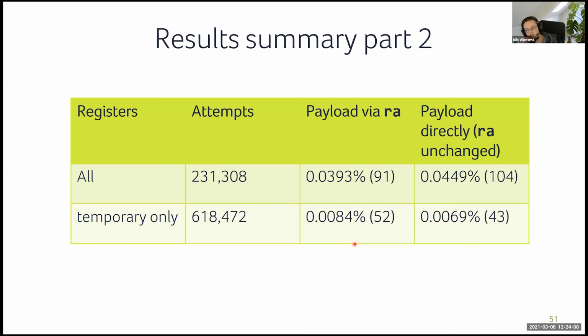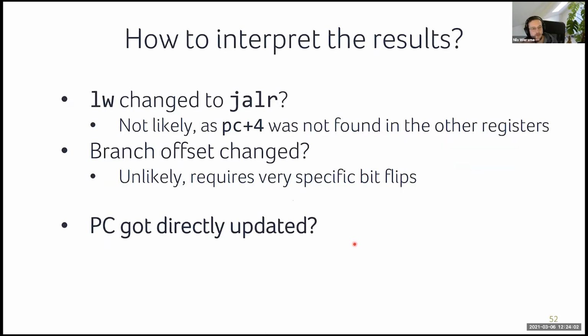Now, there are some theories on what happened here. Perhaps we changed the load word into the jump and link register instruction, which takes a value in a register and jumps to it. So you don't control PC directly, but it's almost directly because you change the PC to a value in a register that you specify.